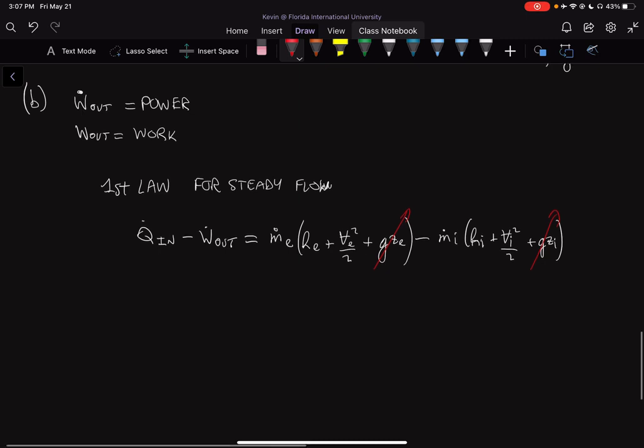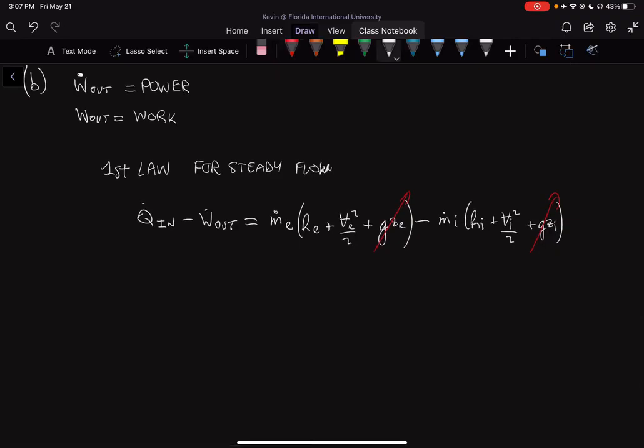So we can rewrite our equation as Q dot in minus W dot out is equal to m dot 2 times h2 plus V2 squared over 2, minus m dot 1 times h1 plus V1 squared over 2. Okay, that's our most general equation.